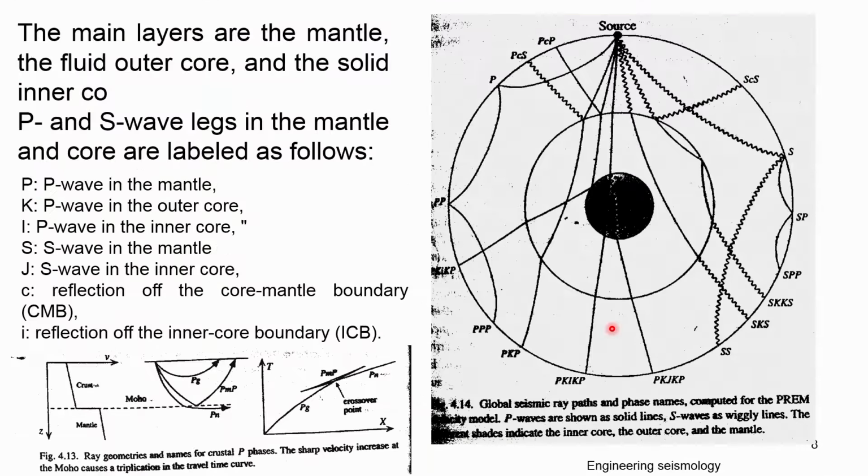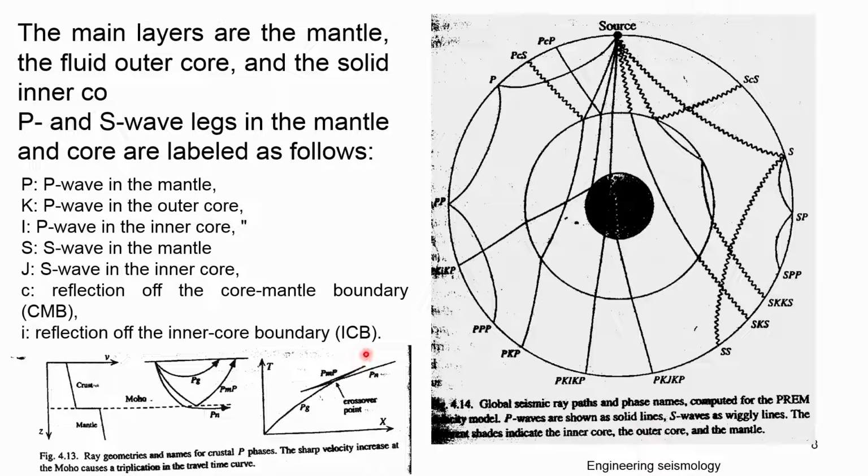When the P wave propagates like this and is reflected, it becomes a PcP wave. Here the P wave is reflected and then converts to S, making a PcS wave. The S wave comes here and is reflected, giving SeS waves. When the S wave comes directly, it is the S wave. Like this, a combination of several types of waves takes place.